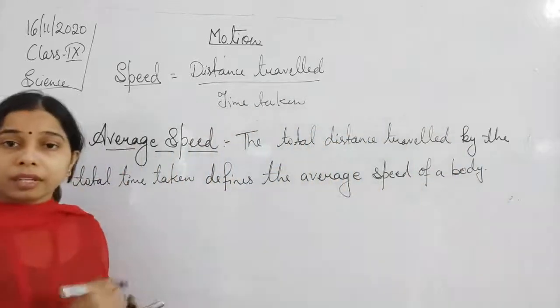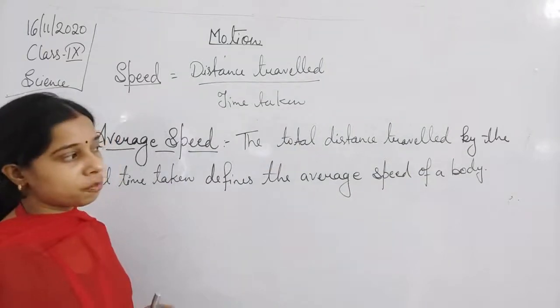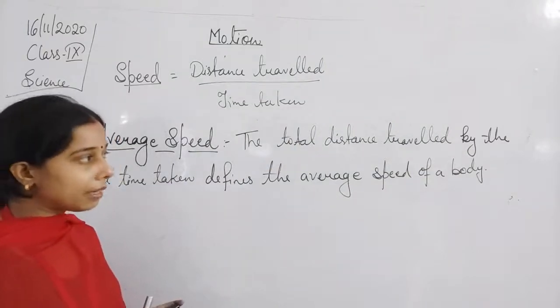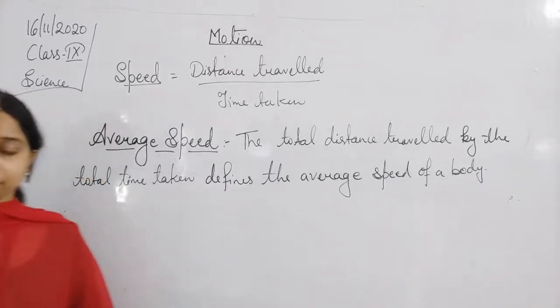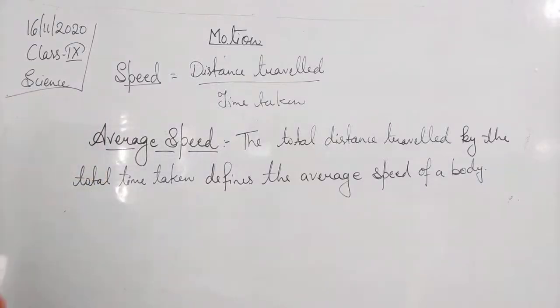Okay, so we can define the average speed of the body by finding the total distance traveled divided by the total time taken. By this we are able to find the average speed of a vehicle.